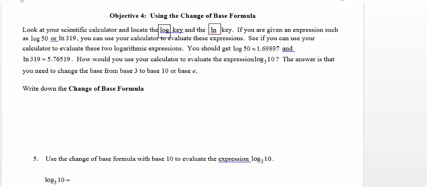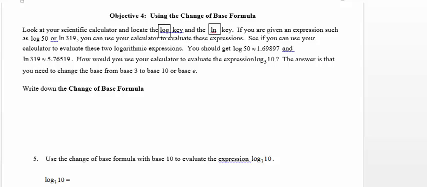So on your scientific calculator that you'll be able to use on exams, you're going to have a log or common log key and a natural log key. And if you're given an expression such as common log of 50, or natural log of 319, you can calculate that with the calculator and you get these approximate values.